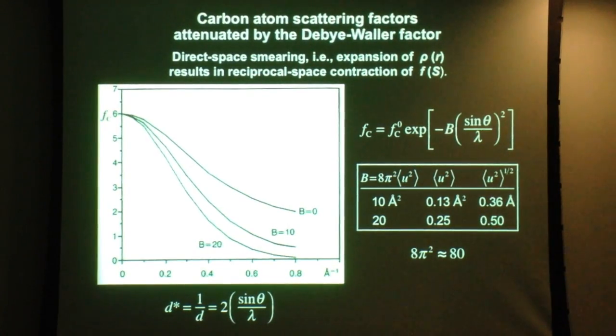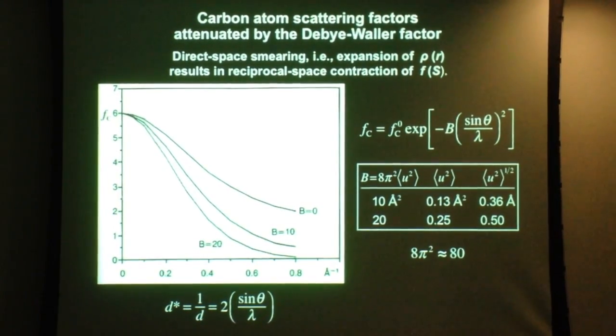Well, a carbon-carbon bond length is 1.5 angstroms. Carbon-oxygen bond length is 1.2 angstroms. So we're talking about a significant displacement of the atom, and 20, as I said, is a modest number. Values like 60 are not uncommon, as we'll see in some illustrations.